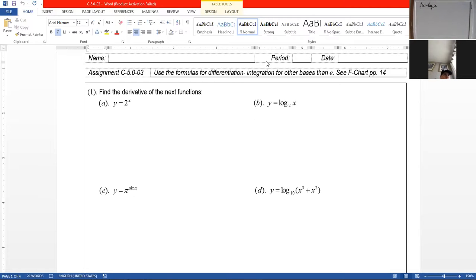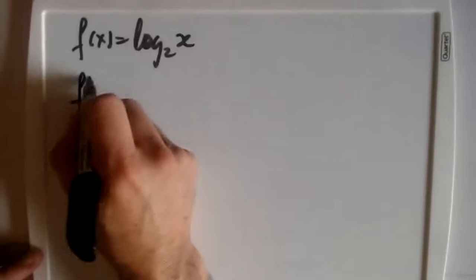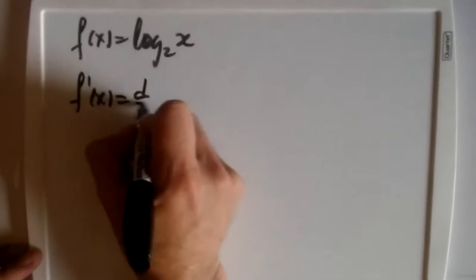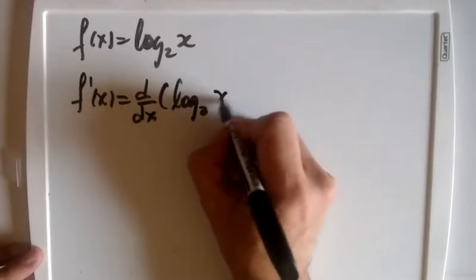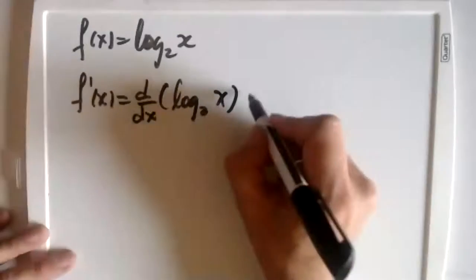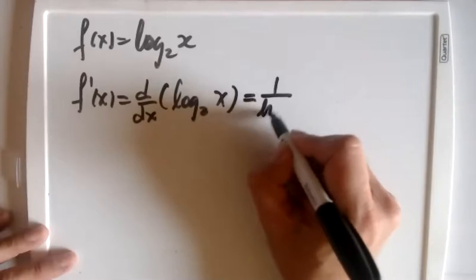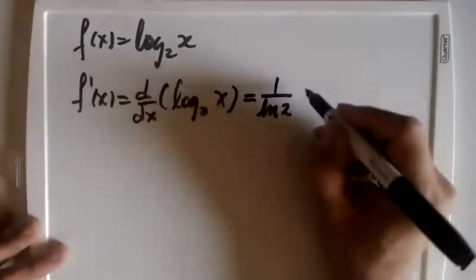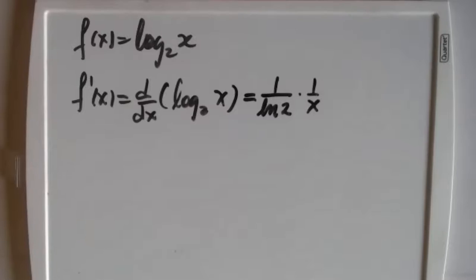Let me just stop sharing this one. So if you want f prime of x, the derivative of the log in base 2 of x, this is going to be simply, according with my formula, 1 over the natural log of the base 2 times 1 over x. So it's going to be very simple, right?